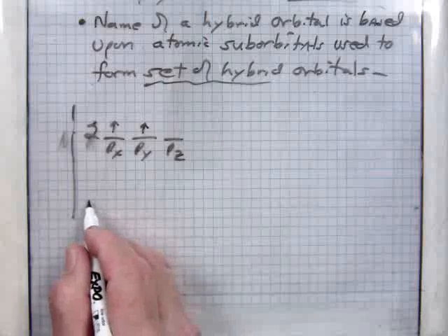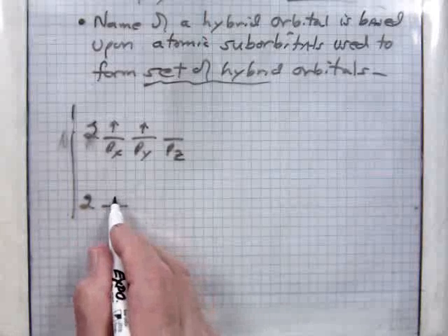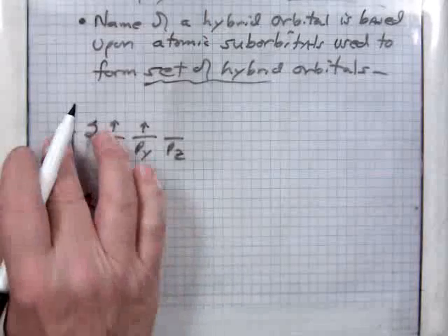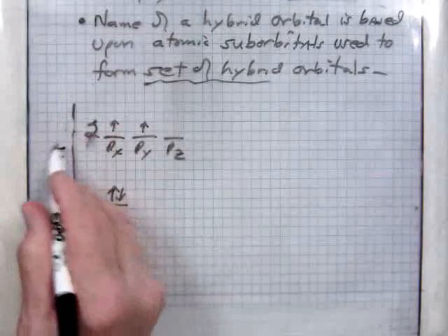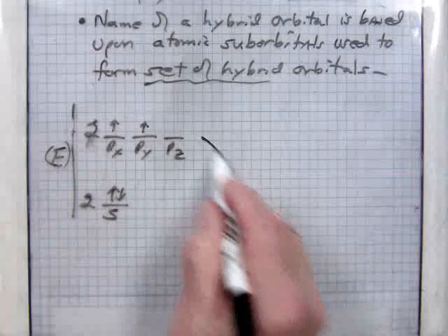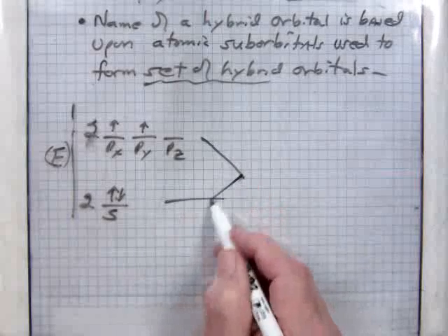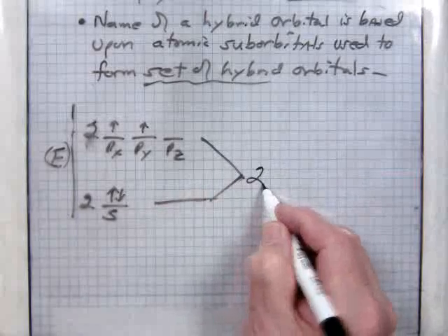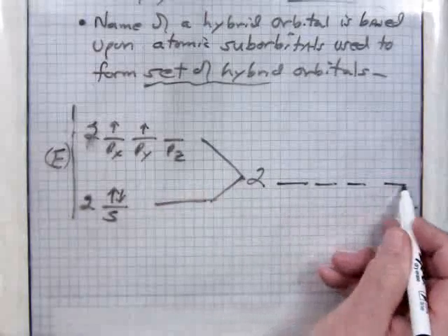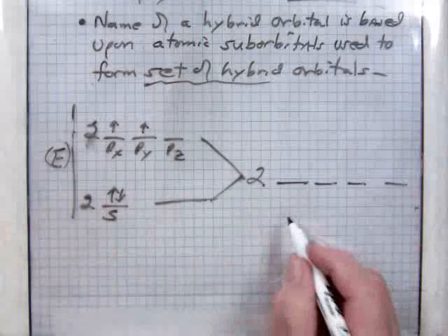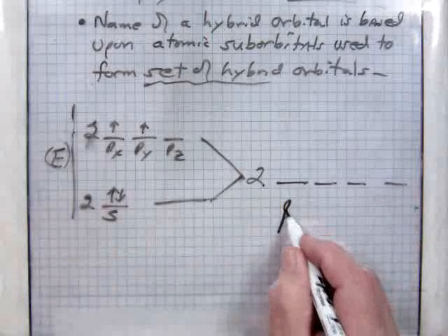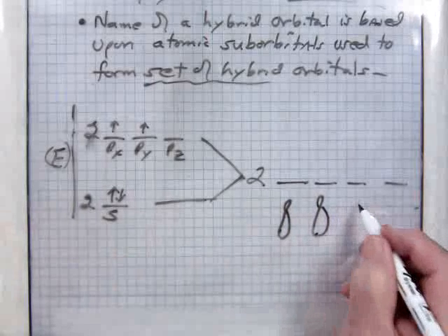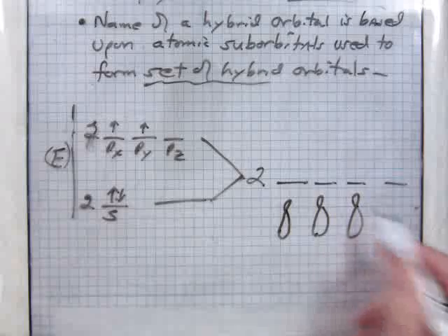And then we had the 2s orbital that we're using. It was full, like that. And we blended these two together, and we made what? In the second energy level, 4 equal energy structures. Each one looks the same, has the same energy, and they connect by the apex and form a tetrahedron.